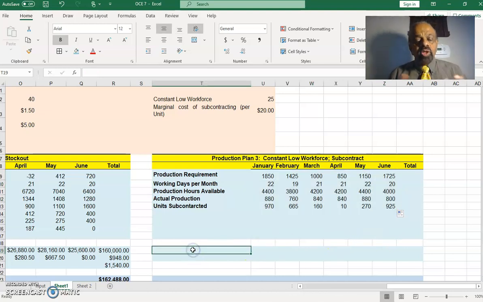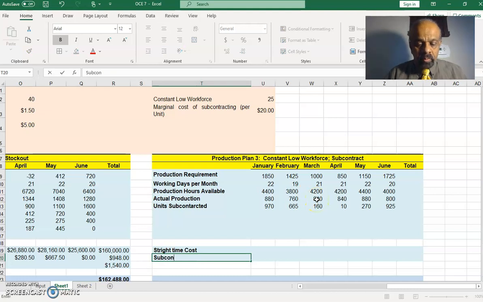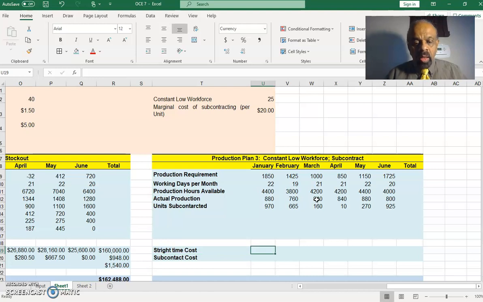So here we have only two costs that we need to worry about. One is the actual cost that we've been talking about all the time, which is the straight time cost. And then the second cost is the subcontract cost. The straight time cost is in hours.